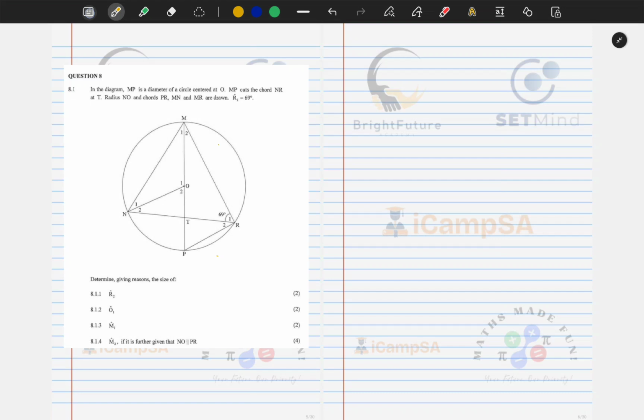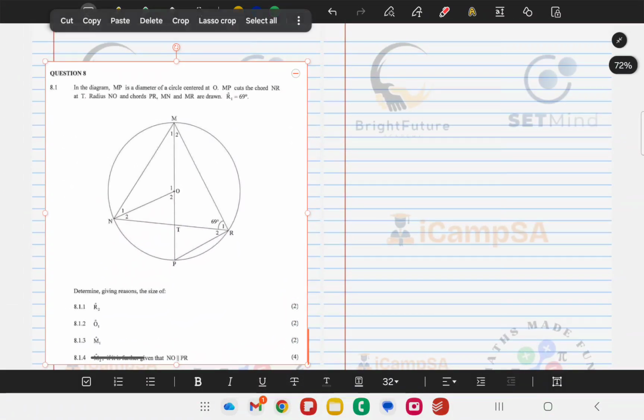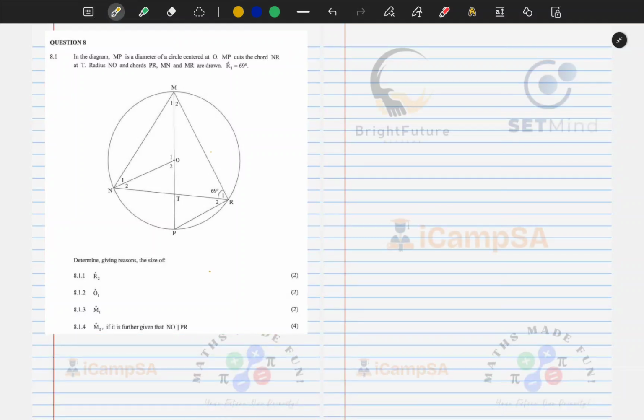Okay, let's move it a bit up. Perfect. Great. So now we are looking at 8.1.4. So we are being told that we want M2, right? So where do we find M2? This is M2, right?